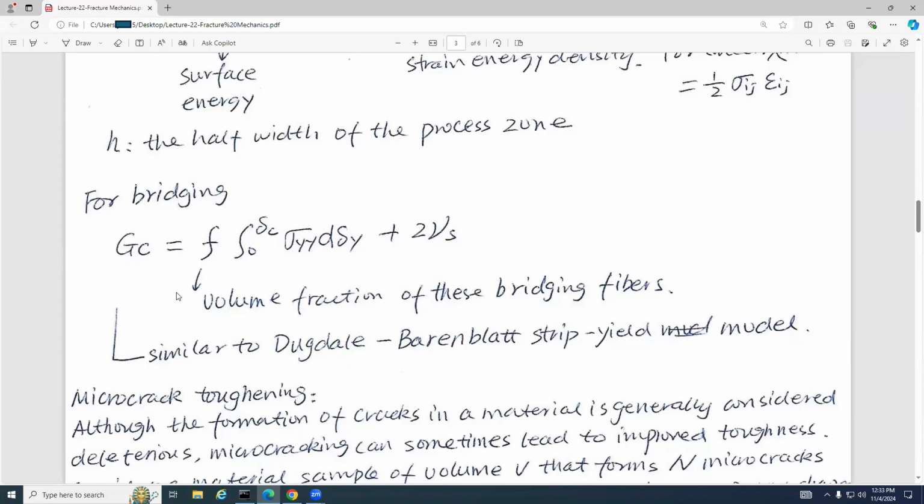This is the crack. The volume fraction f is the volume fraction of these bridging fibers or whiskers. This is similar to the Dugdale and Barenblatt strip yield model. I just want you guys to know we have these 2 models. I will not ask you guys to do any calculations.